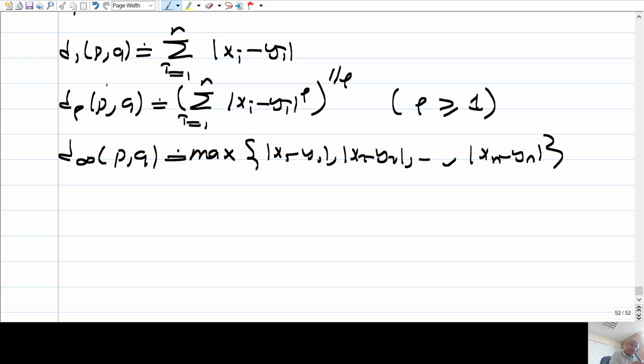Before discussing the relations between these three metrics, let me make a definition.